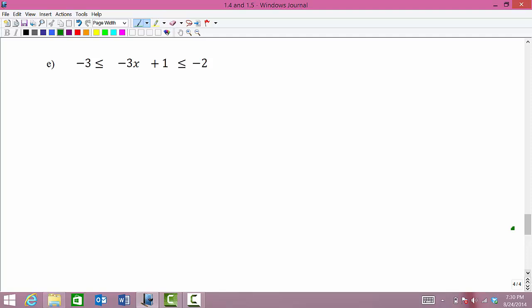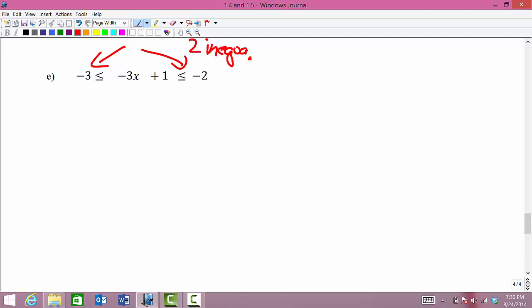All right, last problem. We do not have any fractions on this one. So all we want to pay attention to is that we have two inequality symbols. Two inequality symbols means that we want to have x by itself in the middle of two numbers.